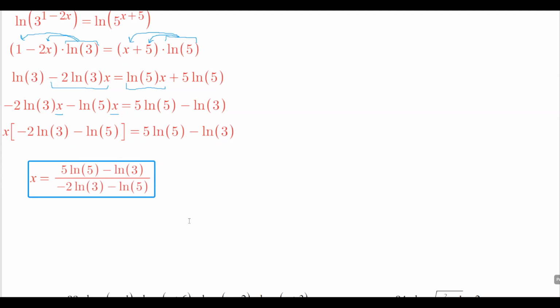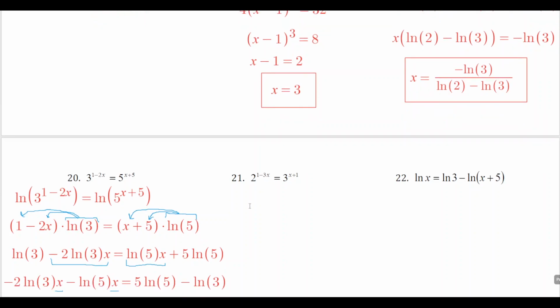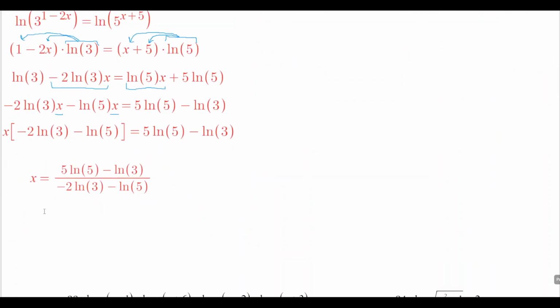And I'm going to try to combine as much as I can here. I wonder, going back, yeah, I could have combined a little bit here too. And I may go back and rewrite that. But here, I'm going to use a couple of properties, for instance the power property, to rewrite this as natural log of 5 to the 5th minus natural log of 3, over natural log of 3 to the power of -2.